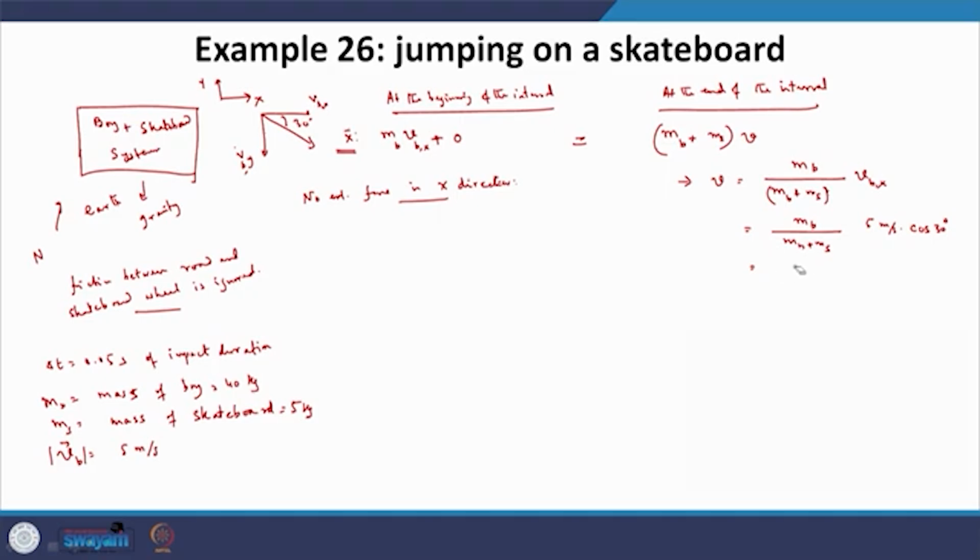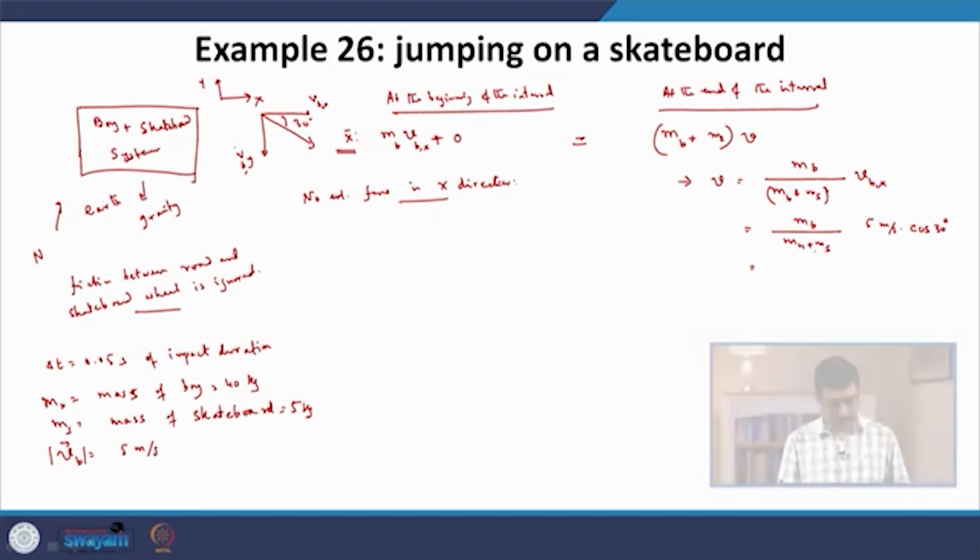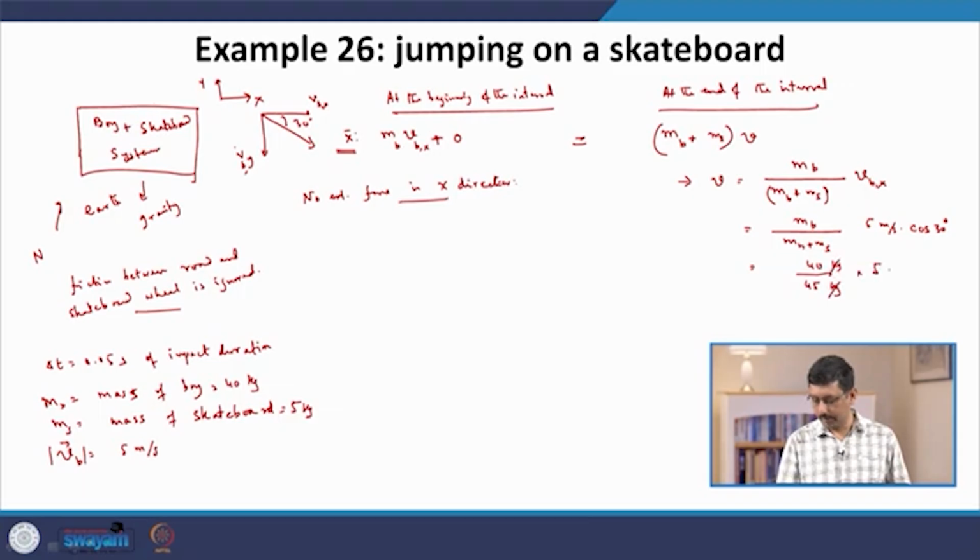Now we can plug in the numbers, we get 40 by 45 into 5 cos 30, which is root 3 by 2 meter per second. So, this is the answer to the first part.